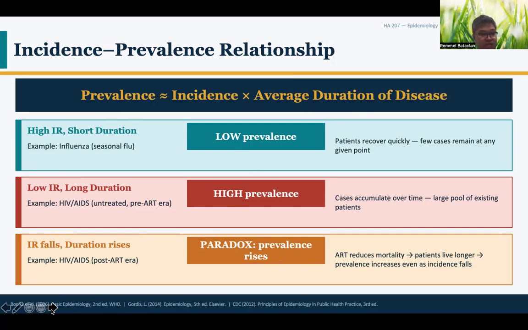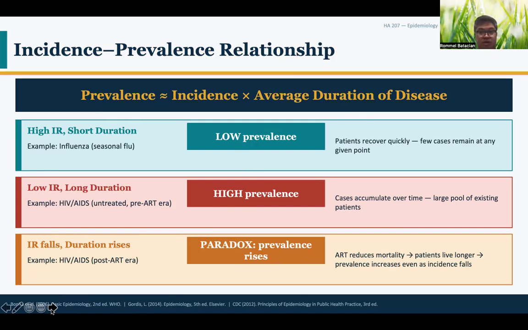The reason is that the antiretroviral therapy dramatically extended the survival of individuals with HIV infection. Initially, those who would die in 3 to 5 years if left untreated can now live 10, 20, and even 30 years.